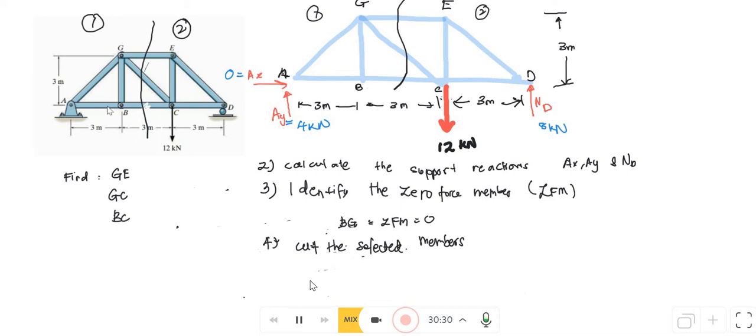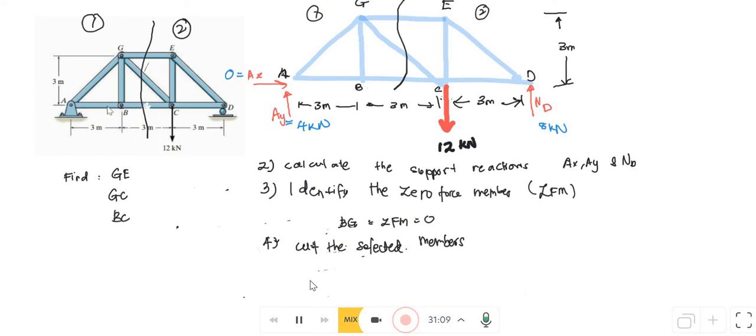My suggestion is you select the section that has fewer forces. In this case you can see that section 1 only has 1 force, AY. AX does not have any value. But if you consider section number 2, you have 12 kilonewton and also D. But remember, if you calculate AY incorrectly, then your calculation after that is totally wrong.